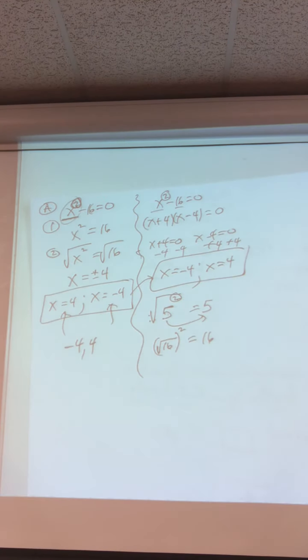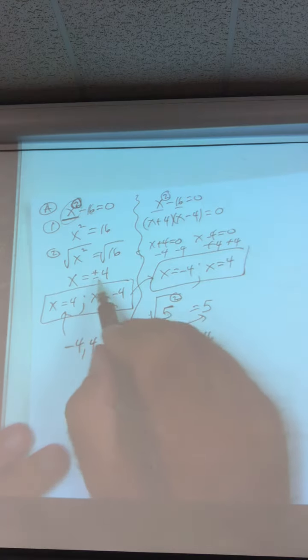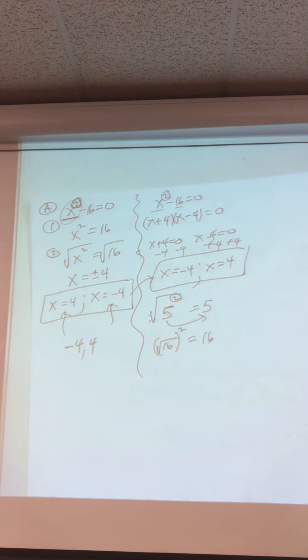Don't put parentheses around them. Or I think there is the plus minus symbol on your button pad. If you go to that template where you use your symbols, I think there's a plus minus. It may let you enter it that way, but you can enter it either way. But on every one of these, you're going to have a plus and a minus answer when you do that step 2.